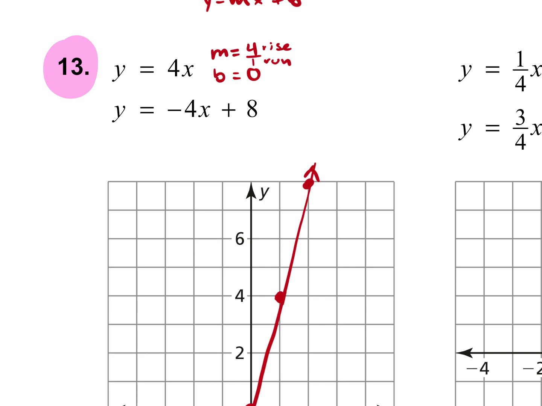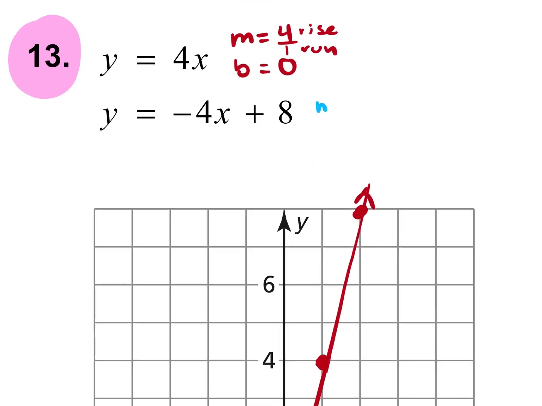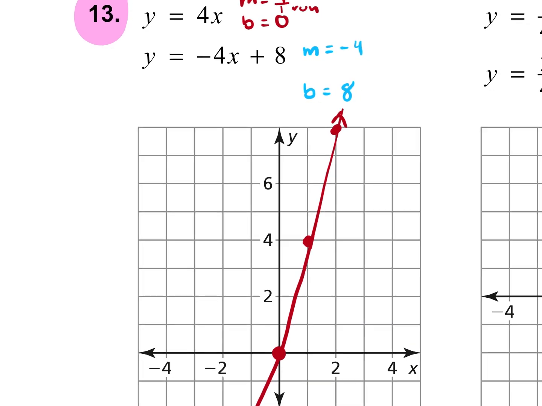We need to now graph the second line. With the second one, what's my slope? -4. And what's my b, my y-intercept? 8. So I put a point on my y-intercept, the b, at 8.